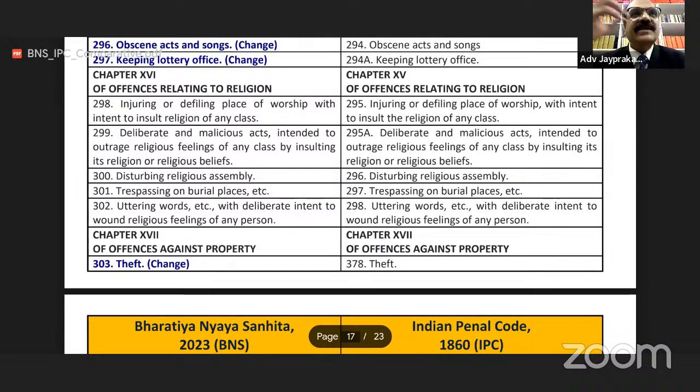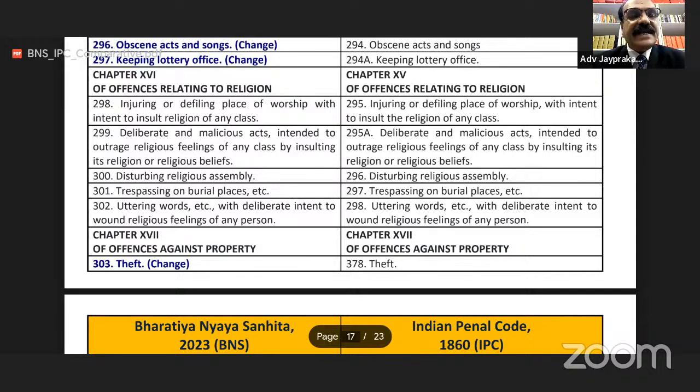So if somebody is throwing a piece of meat in the temple, such types of acts come under this. Its earlier section was in IPC 295.